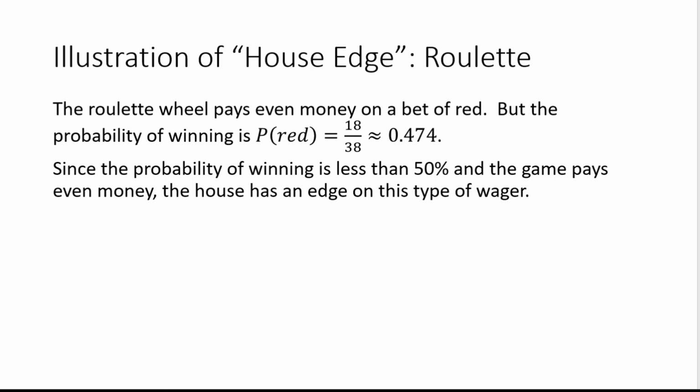The roulette wheel pays even money on a bet of red, but the probability of winning, which is P of red, is 18/38, or approximately 0.474. Since the probability of winning is less than 50% and the game pays even money, the house has an edge on this type of wager.